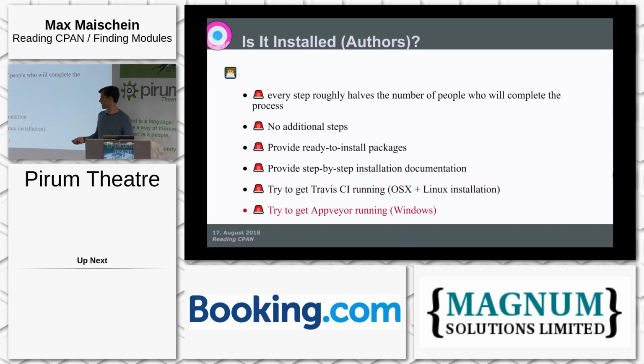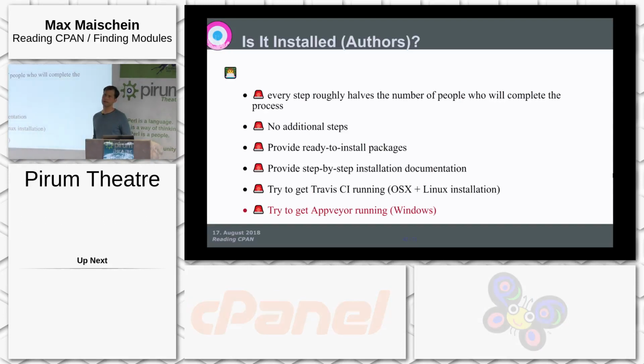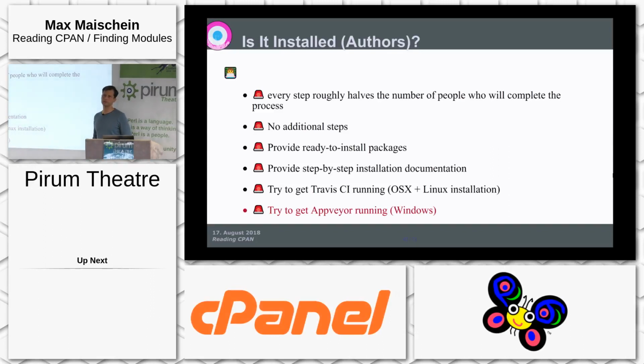And for Windows, there's AppVeyor, which also runs the test suite of your module for you and sends you an email with the test results. And if the test suite runs, then the chances aren't that bad that users can also install it.